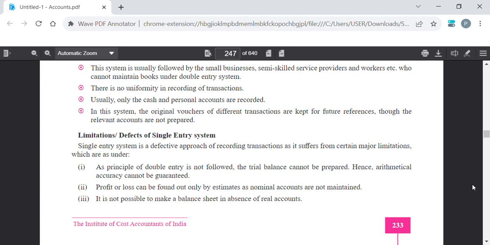Profit or loss can be found out only by estimates, as you are not maintaining a record of nominal accounts. You cannot prepare a balance sheet in the absence of real accounts. So you will not have a proper figure of P&L account, and you will not be able to prepare trial balance.